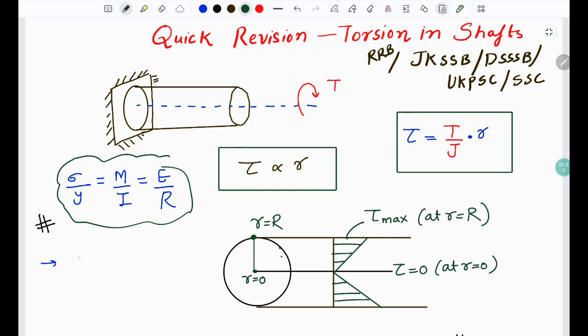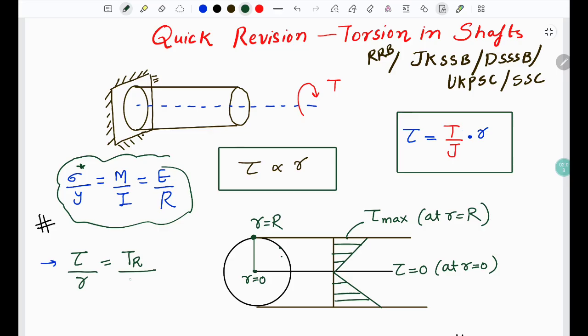So similarly we have something for the torsion chapter. Whereas here we had bending stress, here we have shear stress. Here we had y, which was distance from the top fiber towards the centroid or from centroid towards the top. Here we have radius. Similarly, corresponding to bending moment, we have twisting moment or torque.